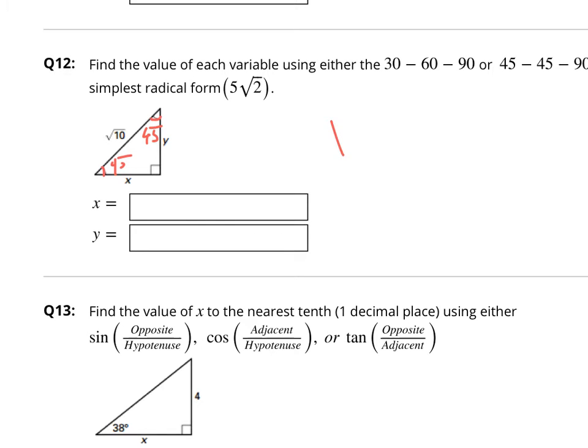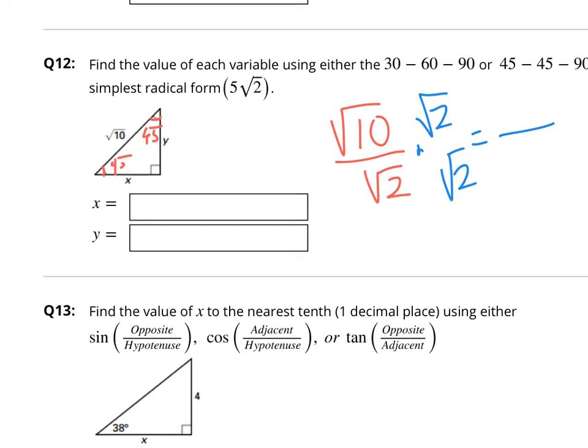So we need to do the opposite of times radical 2, which is divide by radical 2. Okay? And remember, you cannot have a radical in the denominator, so you got to multiply by himself. And I'll let you solve it from there. Make sure you simplify. But you should have the same answer for x and y.